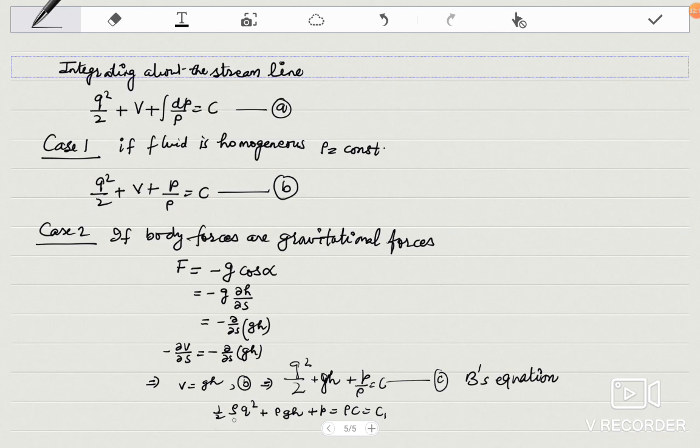Here this gives you kinetic energy, this gives you pressure energy, and this gives you potential energy, and the sum of the three energies is constant. So it is the Bernoulli's equation in its standard form under the conditions written in the Bernoulli's theorem. So it is all for this lecture.